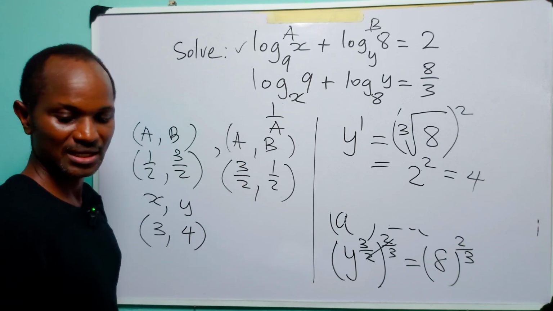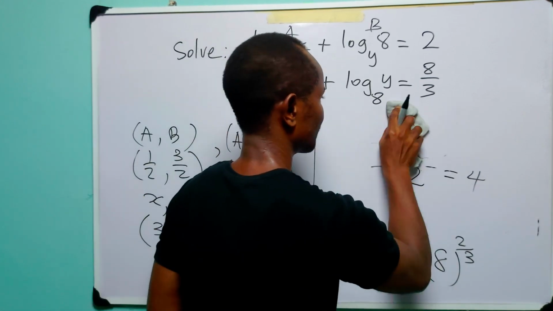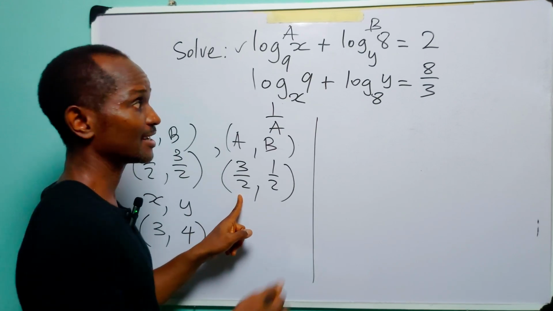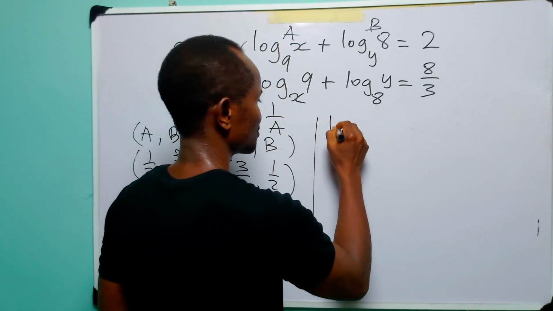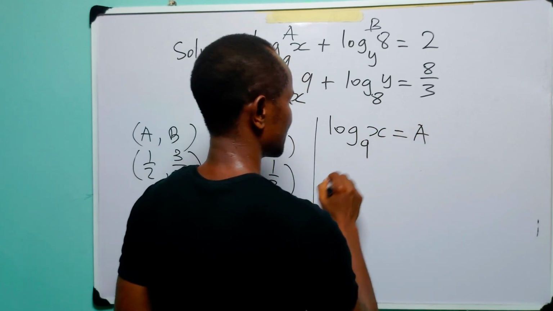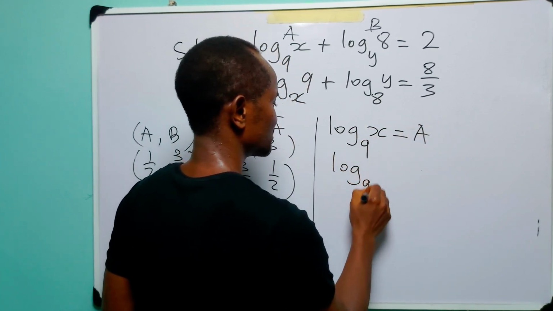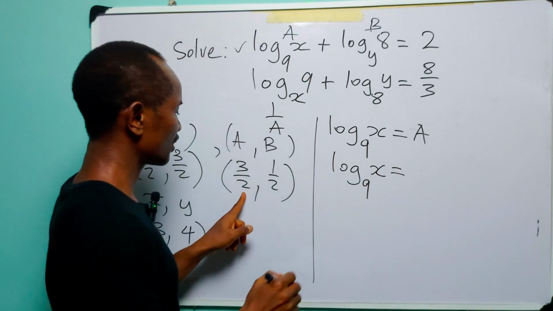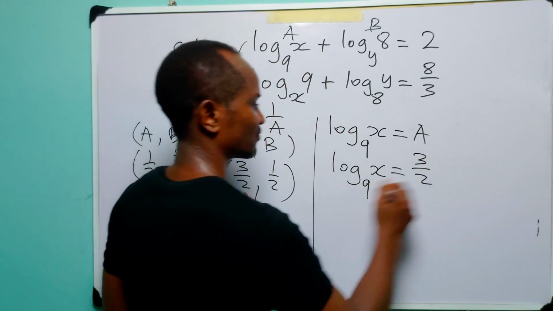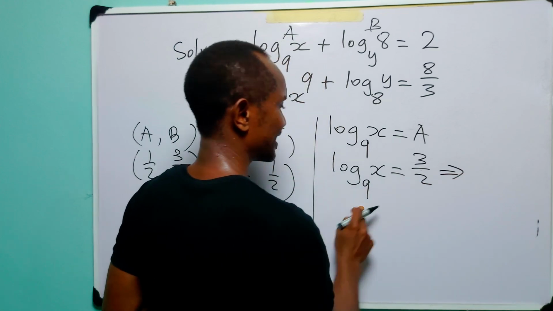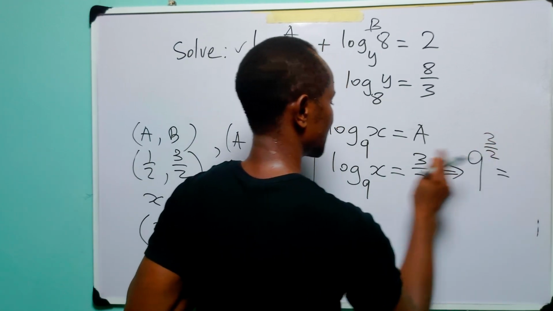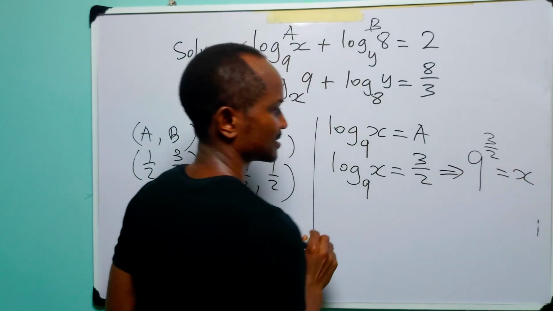Now we do the same thing for the second point. Once more, to calculate the value of x from this value of a, we go back to this substitution. So we have log to base 9 of x is equal to a. Log to base 9 of x is equal to 3 over 2. And of course, from here we have that 9 to the power 3 over 2 is equal to x.